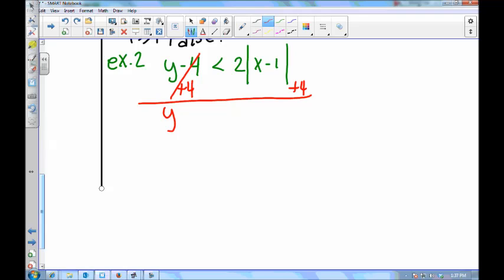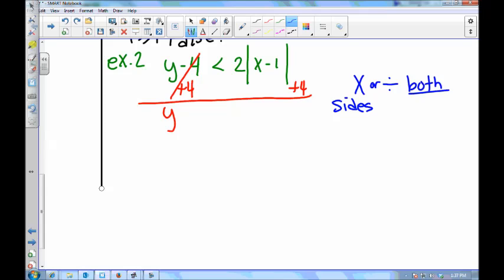If you multiply or divide both sides in the process of solving the problem, you have to flip the sign. So let's write a note to ourselves. We multiply or divide both sides. It's not just because there's a negative there.